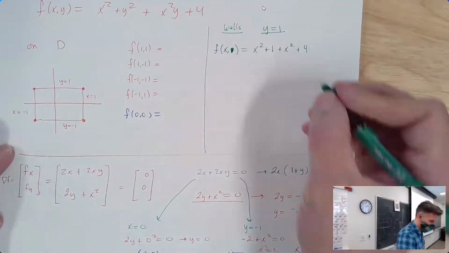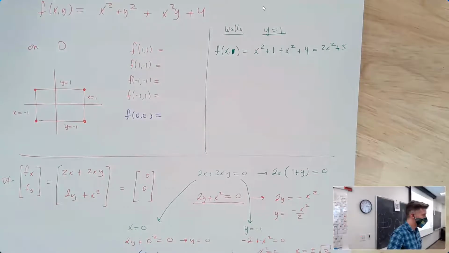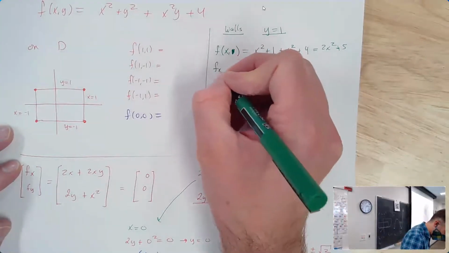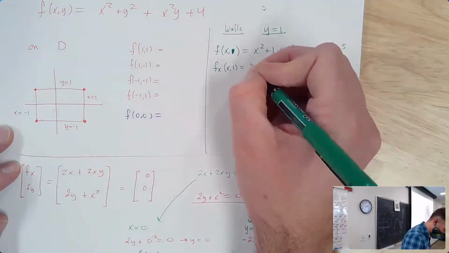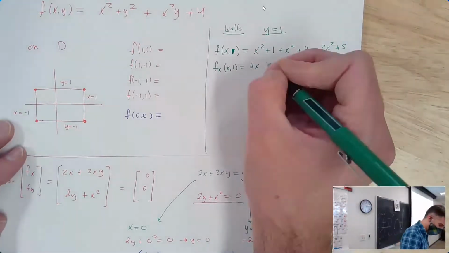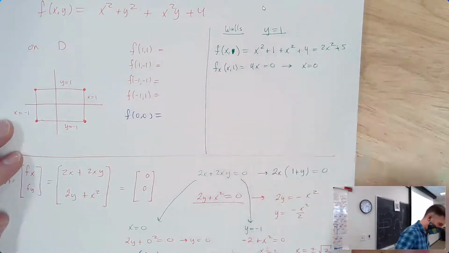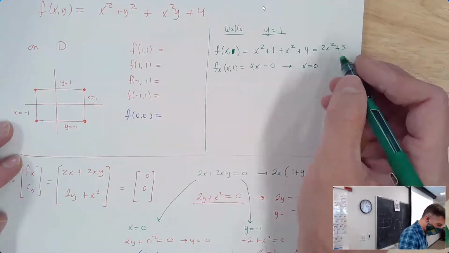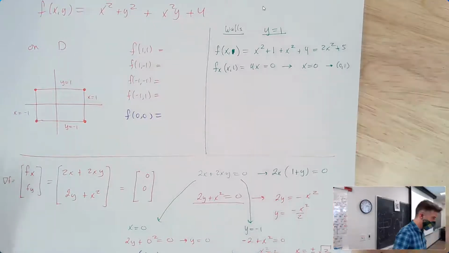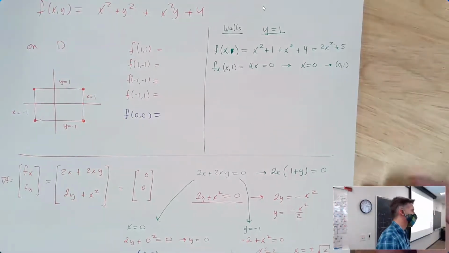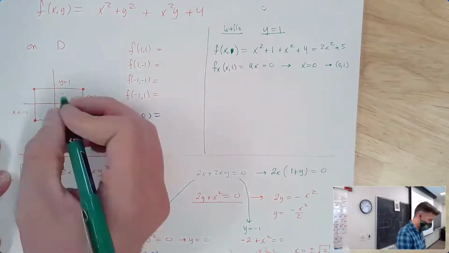And then we're going to simplify, and then take the partial, which is 4x. We're going to set that equal to 0, and we're going to end up getting x equal to 0. So 0, 1, right, because y was 1. So 0, 1 is another pseudo-critical point. It's not really a critical point, but it's a critical point if we're restricted to being on this wall.